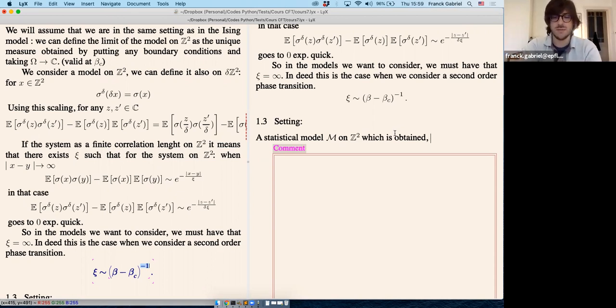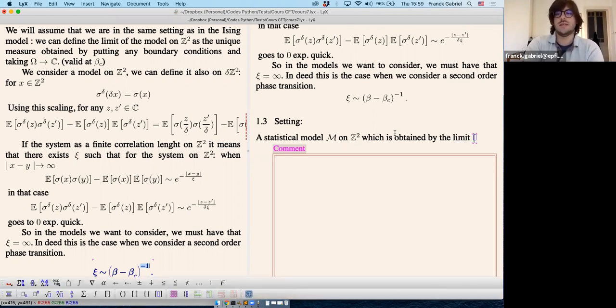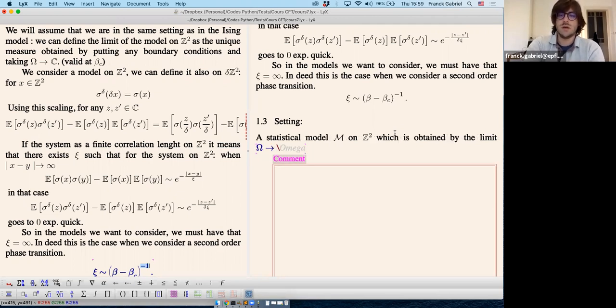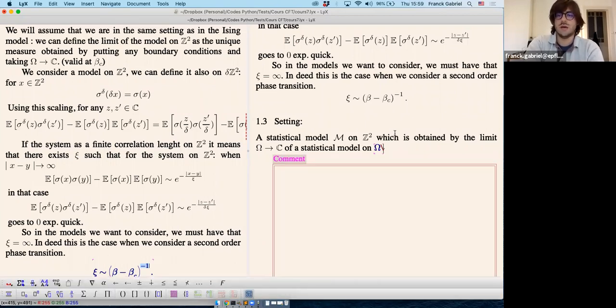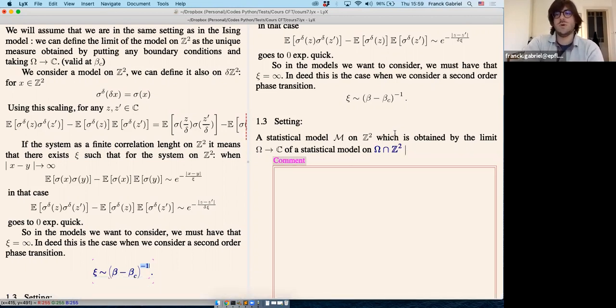It's obtained by the limit as omega goes to C of a statistical model on omega intersected with Z2, with the underlying measure, which is of the following form.